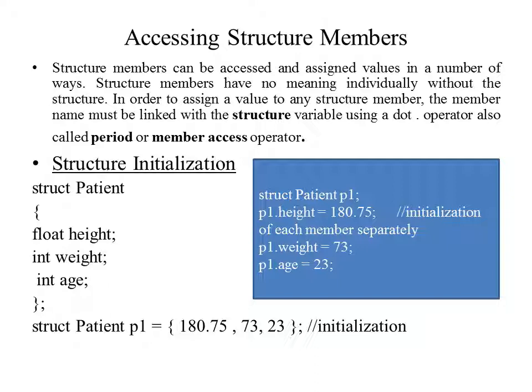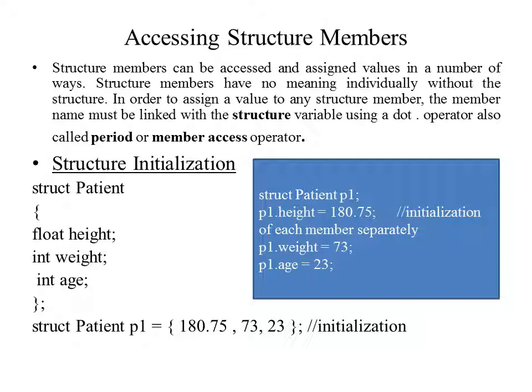Now that variable consists of all the members of the structure. To assign the values we can use the dot operator. p1 is the variable, and under this variable there are three elements, height, weight and age. So we use the dot operator, p1 dot height, p1 dot weight, p1 dot age, to access the members through p1.